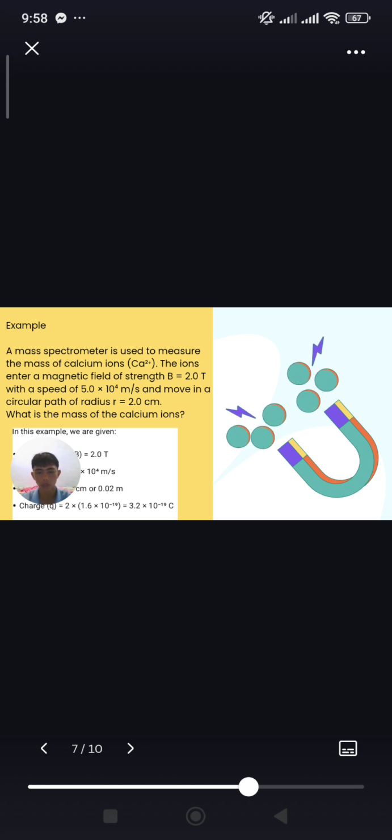So we'll convert it to meter to make it 0.02 meter. For the charge, we will just multiply 2 times 1.6 times 10 to the power of negative 19, so that we can get 3.2 times 10 to the power of negative 19 charge. Here we are asked to find the mass of the calcium ion.